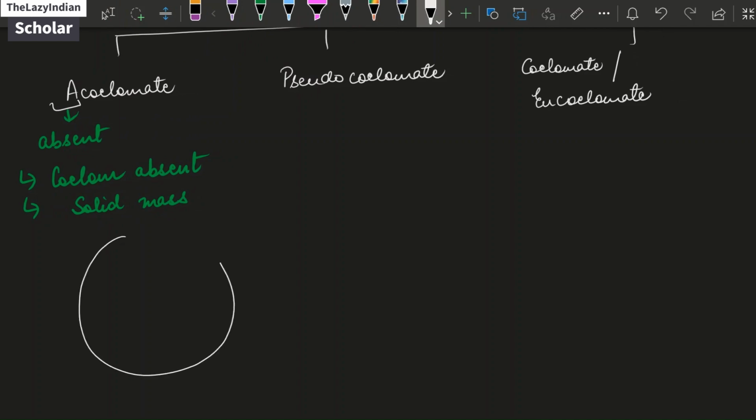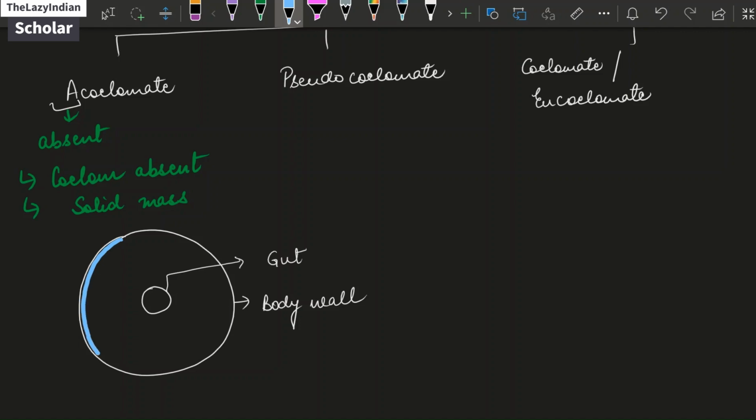Now let's see the diagram for acoelomate. This is the body wall and inside is the gut. Now the body wall is lined by an ectodermal layer, as the body wall is outside. And the gut is lined by endoderm.